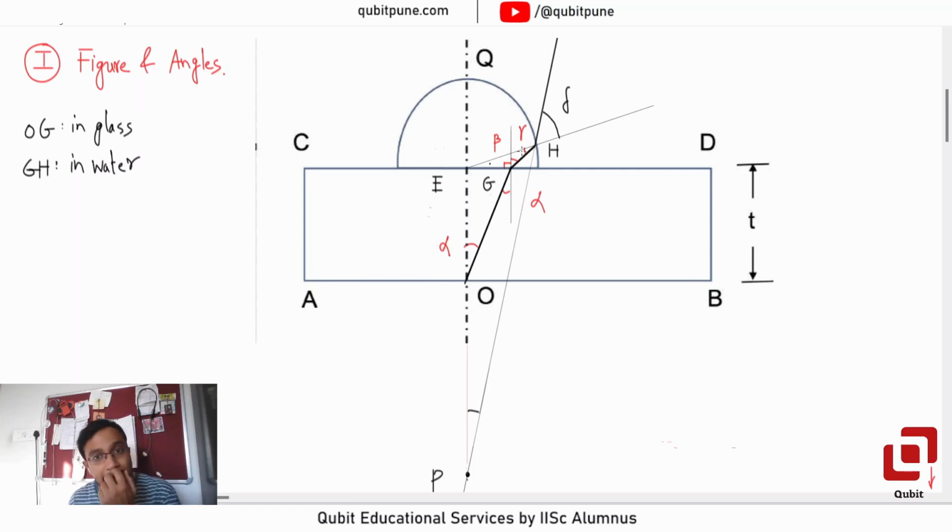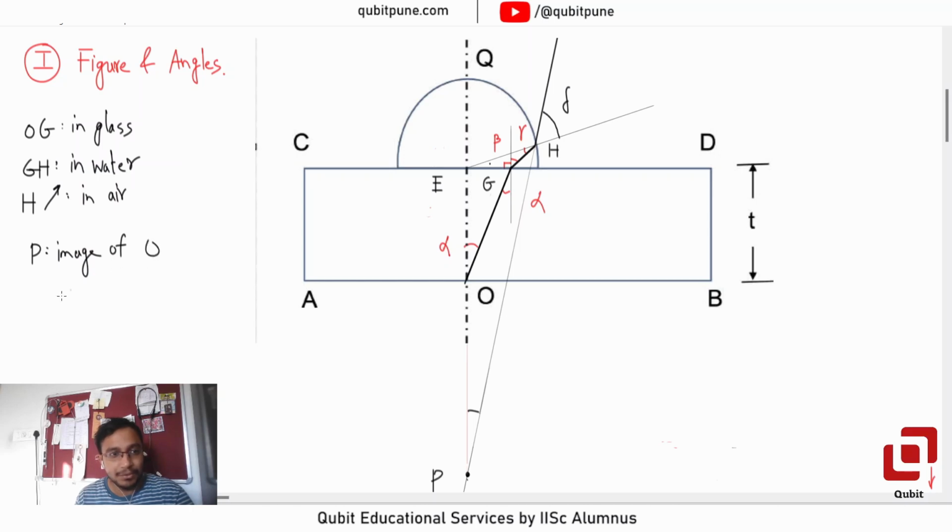Then the ray GH will again undergo refraction at the air water interface, and this ray from H will be our refracted ray in air. When this is extended backwards and meets the optical axis at P, that is going to be the image of object O.